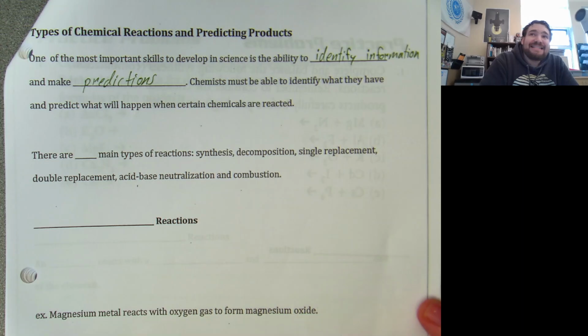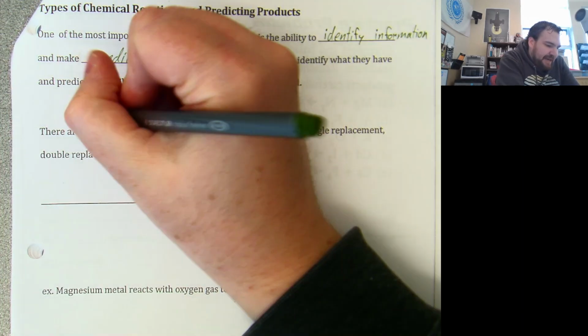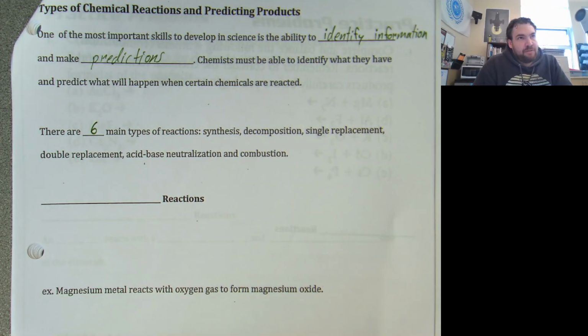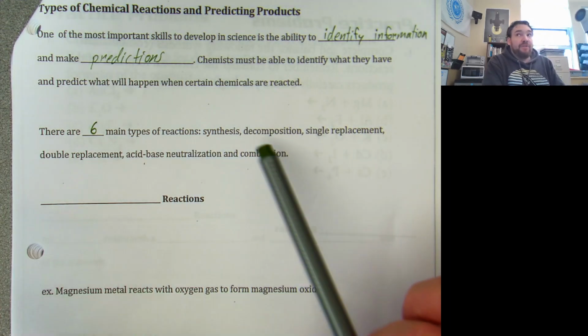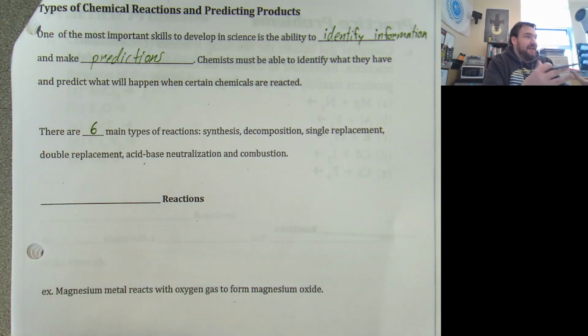There are 6 main reaction types that we're going to look at. These are the most common reaction types, and even then, I have yet to see a chemical reaction that can't be broken down into one or a couple of these that are kind of happening simultaneously.